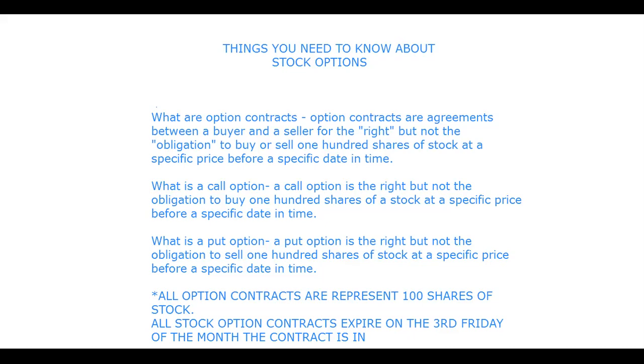So option contracts can range from different dates in time, but they all expire on the third Friday of the month that the contract is in. And I'm going to give you some examples of that when I switch to my trading platform, which of course is TD Ameritrade, Think or Swim.